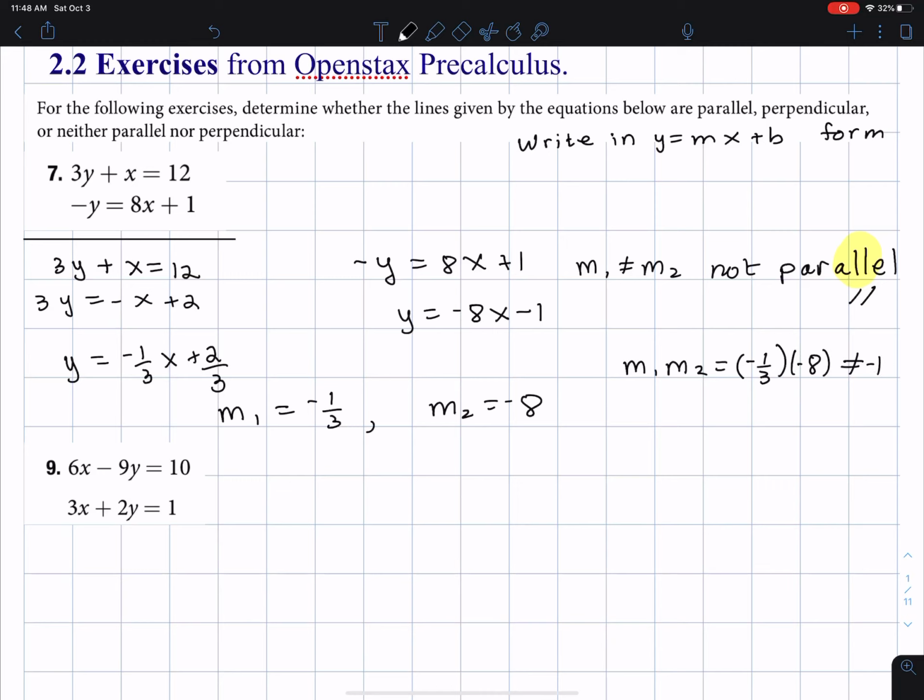It's not equal to negative 1, so it's not perpendicular. What we're looking for is that the two slopes are negative reciprocals of each other. In other words, m1 times m2 is equal to negative 1, but that's not the case. So they're not perpendicular either. Sort of a lot going on in this problem, actually.